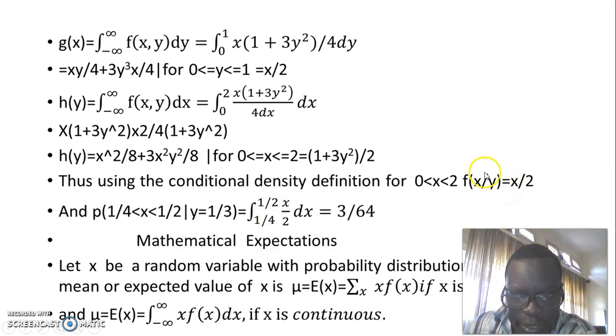Remember, x over 2 is the conditional distribution of x given y. So we substitute it here, and then we integrate it with respect to x. So we shall get 3 out of 64, as shown here.